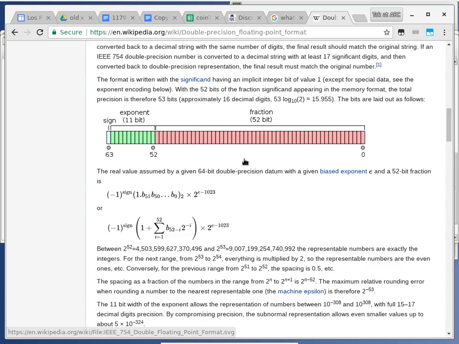Now, Wikipedia gives you 2 equations to tell you what value it is representing. There's a top one and there's the bottom one. That is also something that you can look into. And once you understand what it means, then the rest just kind of follows. You can also go back to the labs that we did with floating point number conversion, because those labs were designed to help you understand how we do the conversion.